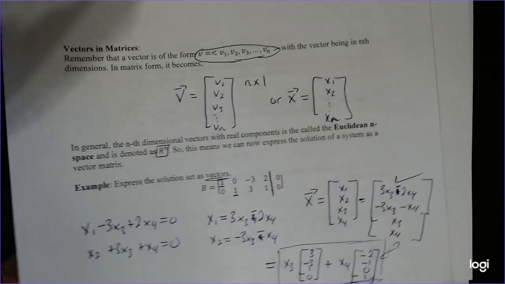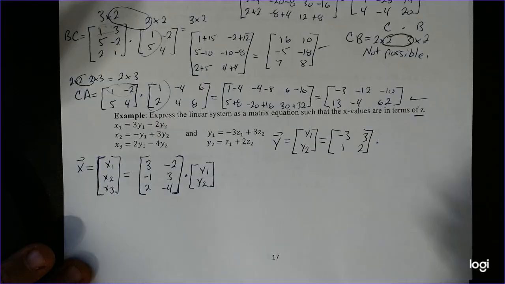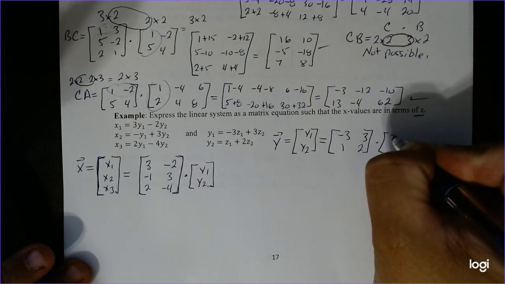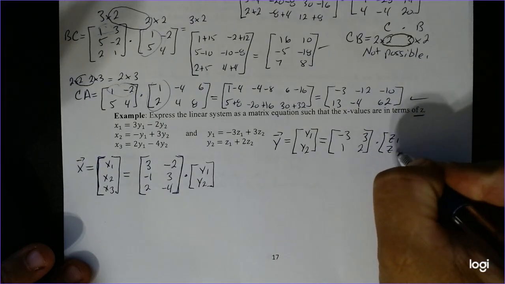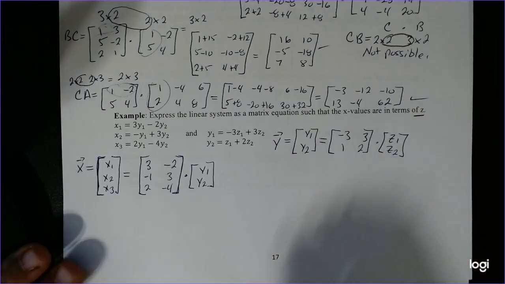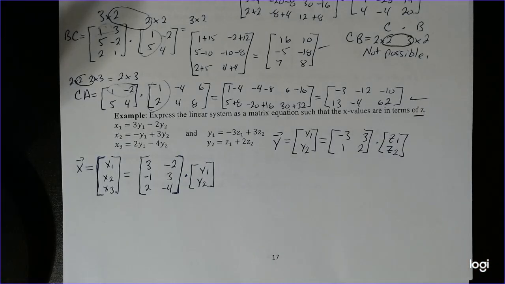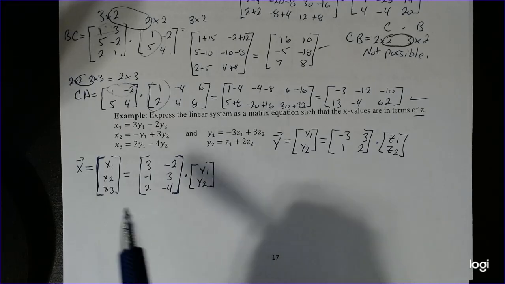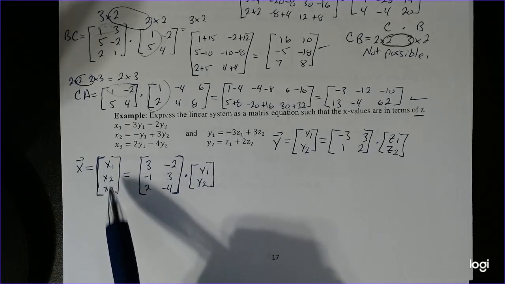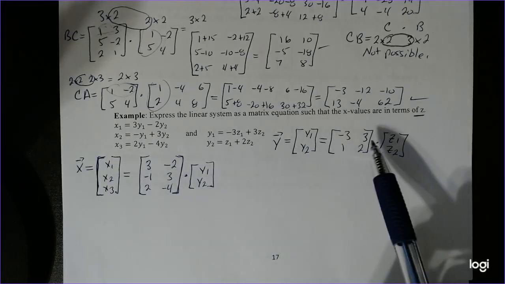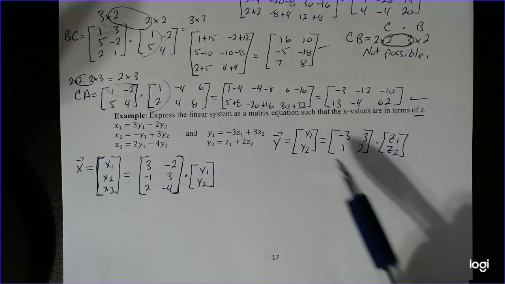I'm just going by the column matrix. Okay, so my goal is to have these letters only represented as these ones.